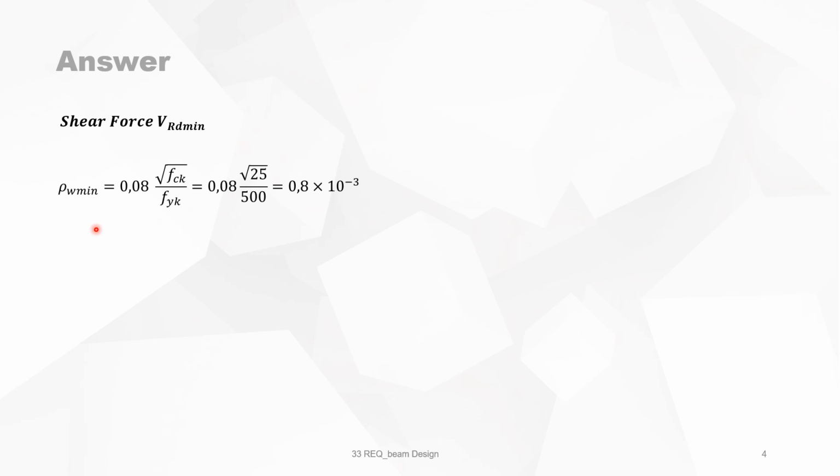That's the ratio of the minimum amount of stirrups. The ratio rho is defined as the stirrup ASW divided by s times b. So the needed stirrup reinforcement as minimum reinforcement is equal to b times rho, which gives you 0.24.